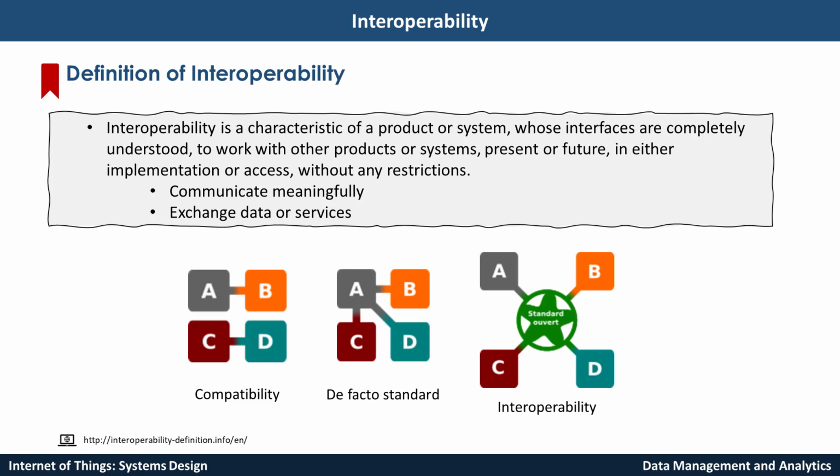De facto standard means that one system is the main system, and the others are following the standard proposed by A, so everyone can communicate with A. But in a true interoperability scenario, all the systems can equally communicate with all the others. Such communications are done by having standards which are open to all the parties involved.